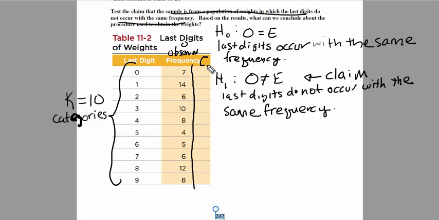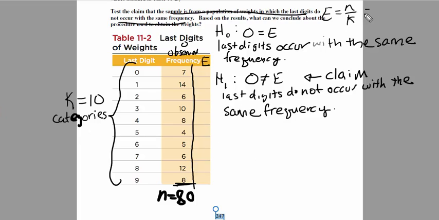Now, I'm going to make a separate column for the expected categories here. And remember that if these are all equal, then the formula is N over K. So the total number observed is equal to 80 here. So you can add those up and see that you are actually going to get 80 here.